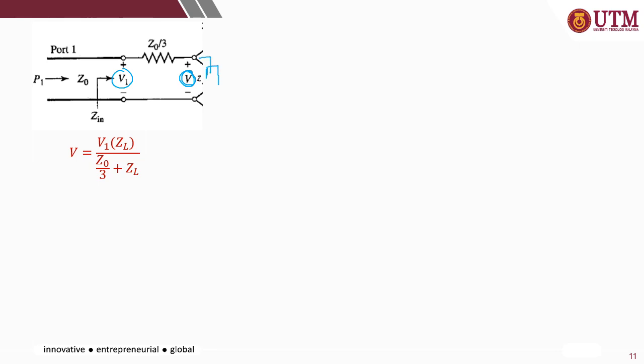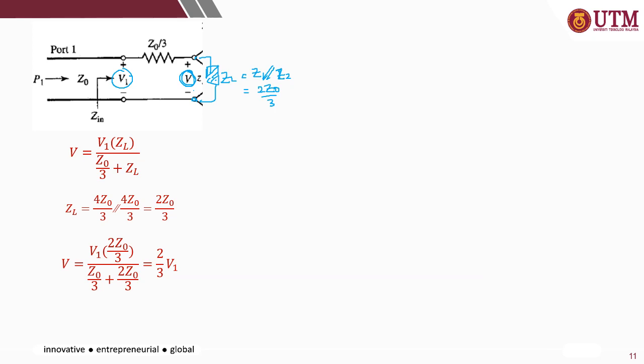So here is your ZL, which is equal to Z from port 1 in parallel to port 2, so it is equal to 2Z0 over 3. So V across this junction is equal to V1 multiplied with ZL divided by the total impedance. So you get V equal to 2 over 3 V1.